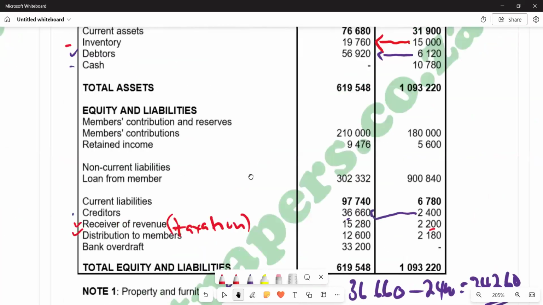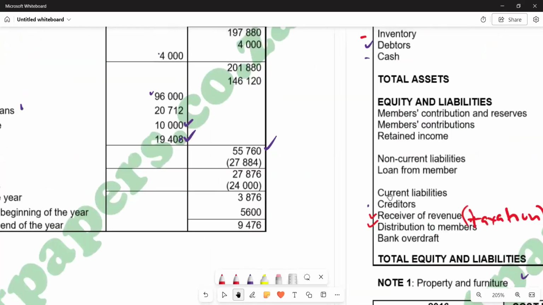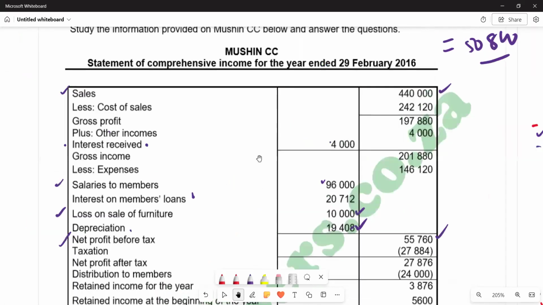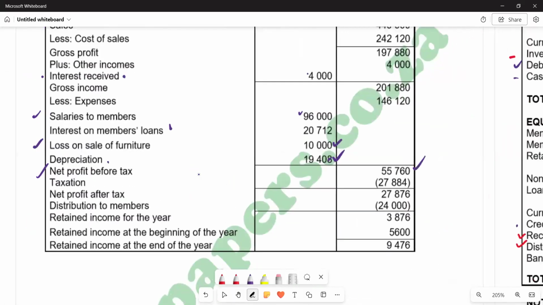According to the income statement, we go to the statement of comprehensive income. For tax, we have taxation with an amount of 27,884, which is here. And for distribution, we have 24,000. So these are the two, and we can just pick those.